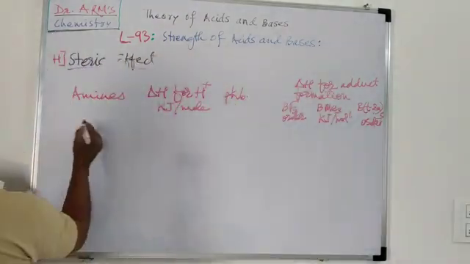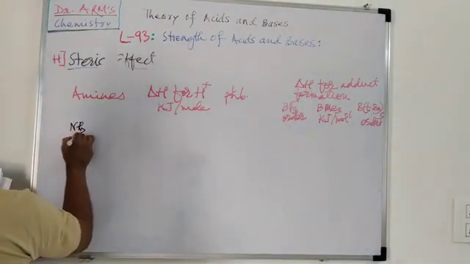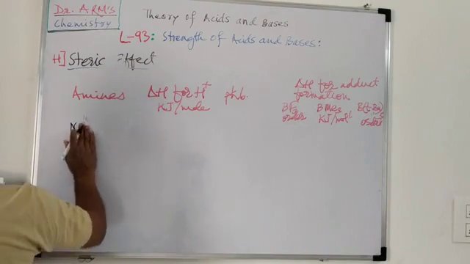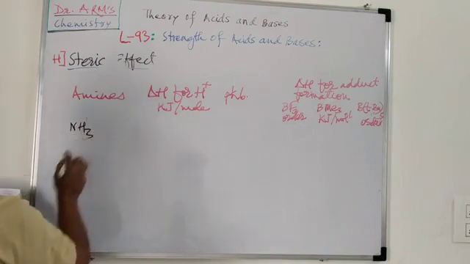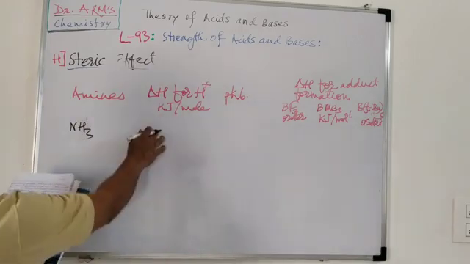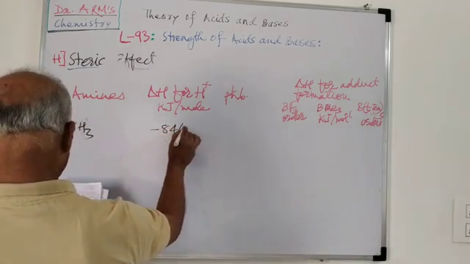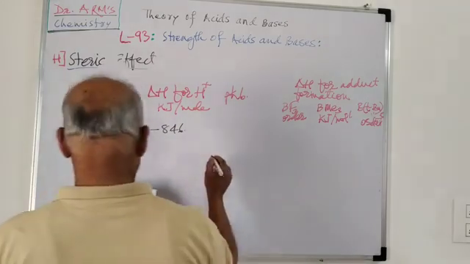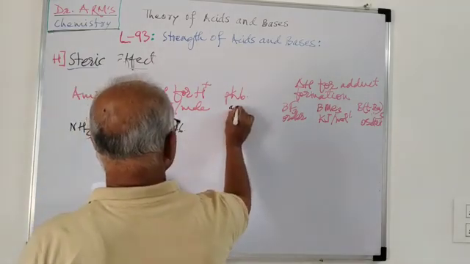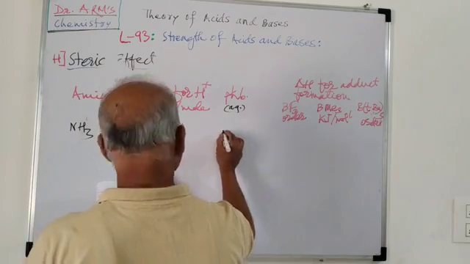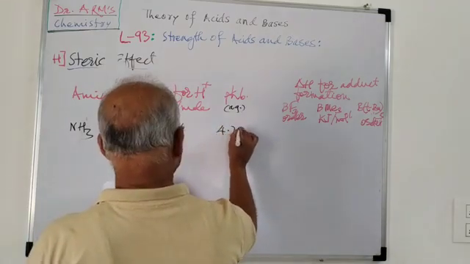If we see NH3 as a base, the delta H value is minus 846 kilojoules, and the pKb in aqueous solution is 4.75.